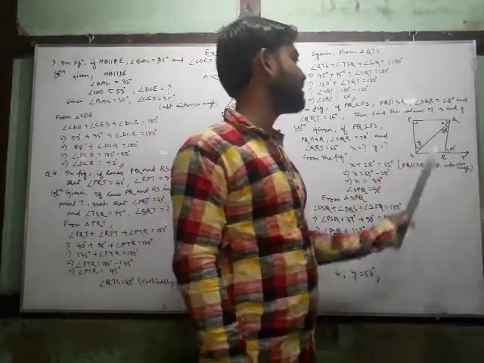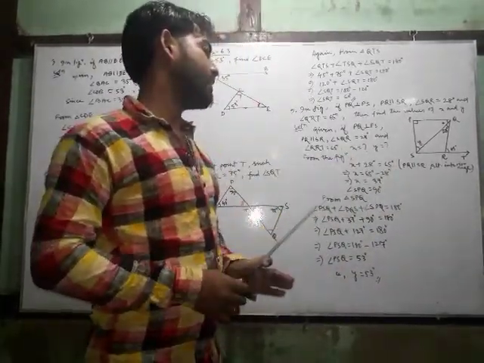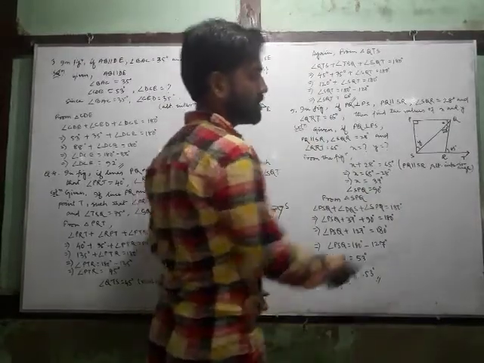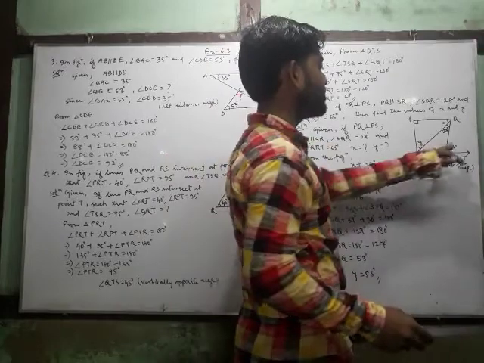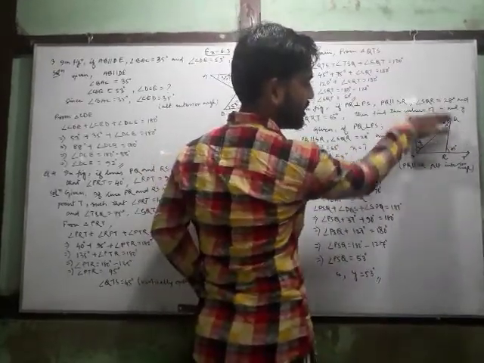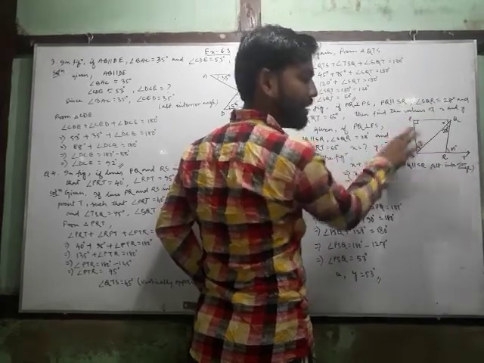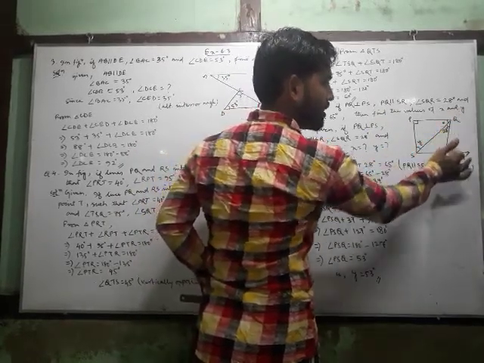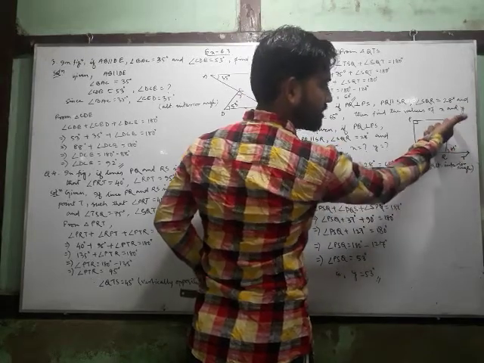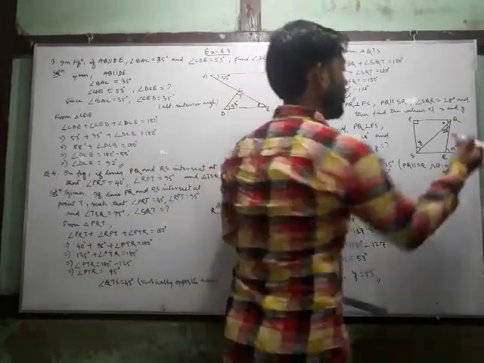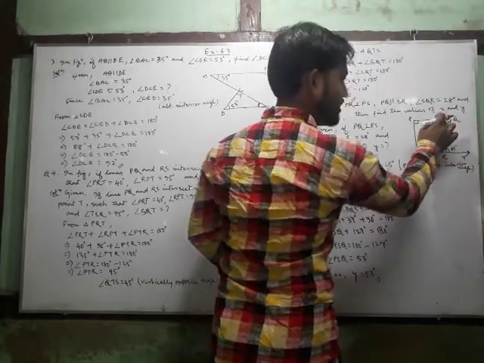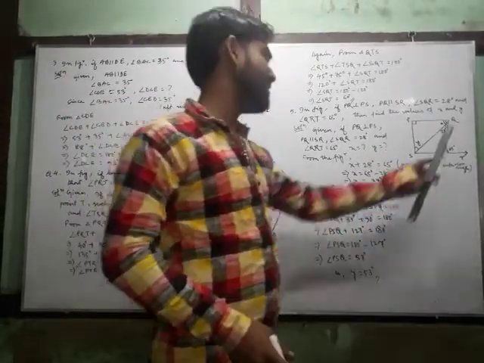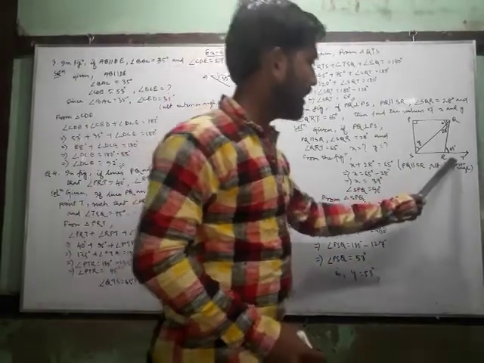Now we have to find the values of X and Y, which are unknown in this diagram. See, SR has already been extended in the diagram up to the point T, and QRT is given as 65 degrees. Now, PQ and SR are parallel to each other, and QR is a transversal line, so this angle and this complete angle will be alternate interior angles.